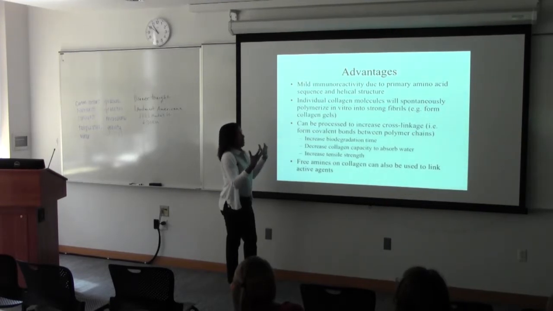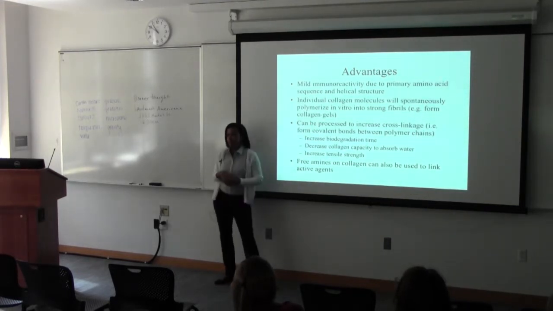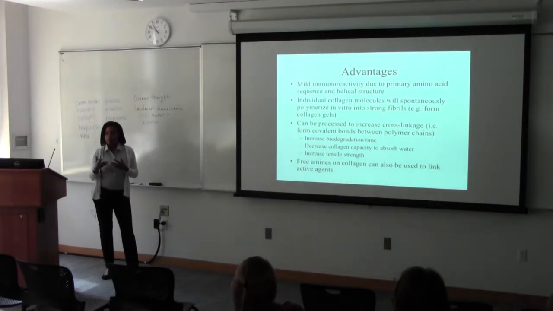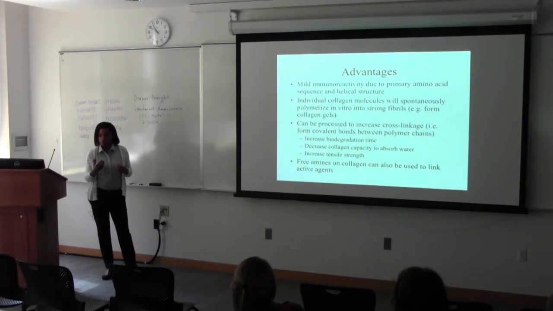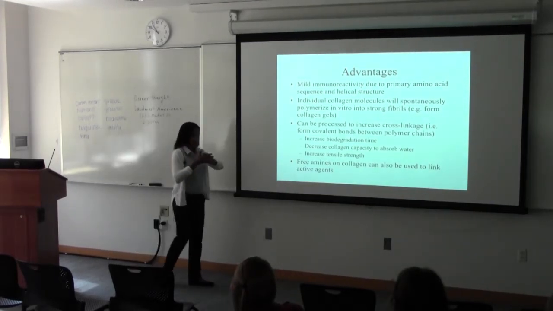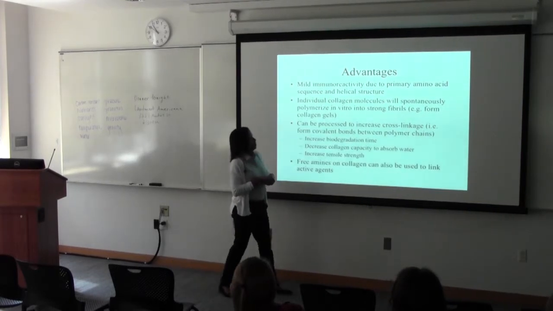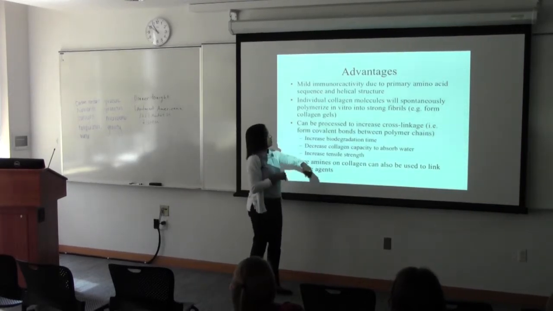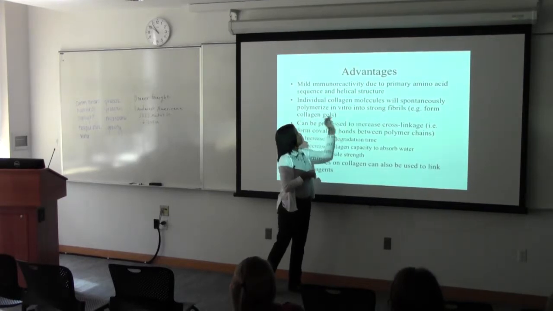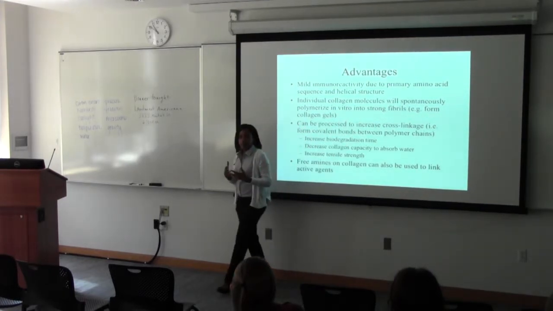The collagen will spontaneously polymerize, but in many cases you may lose a lot of that helical structure, right? So you're losing a lot of that hydrogen bonding between those polymer chains. It will polymerize again, but you'll have less of that present.